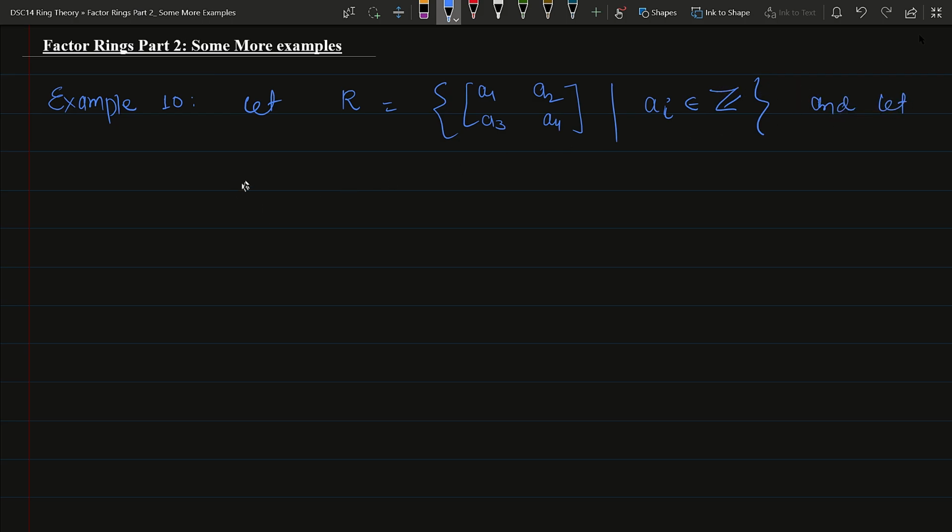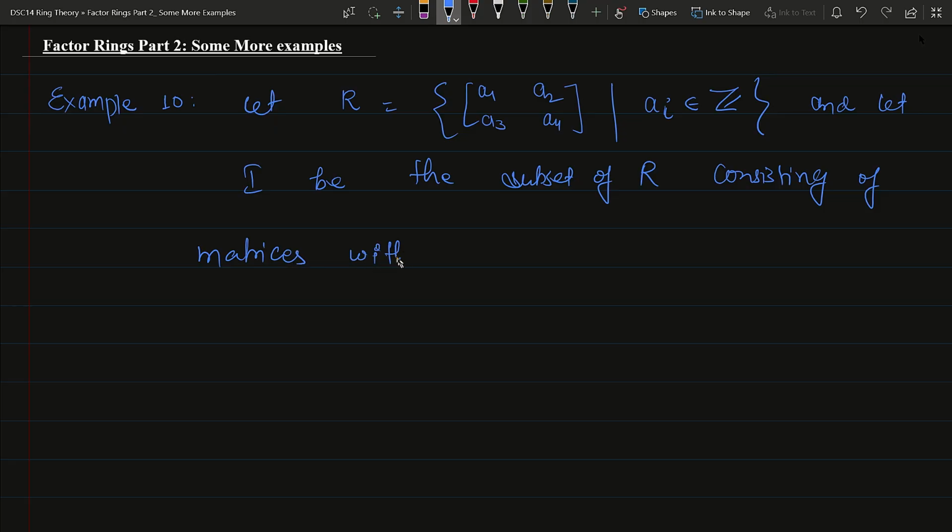Let I be the subset of R consisting of matrices with even entries.